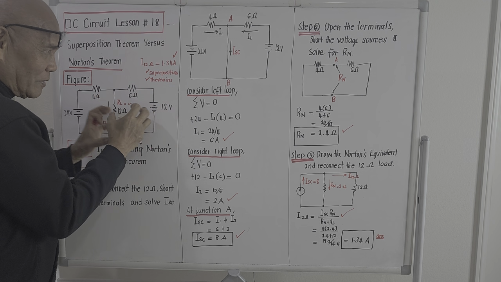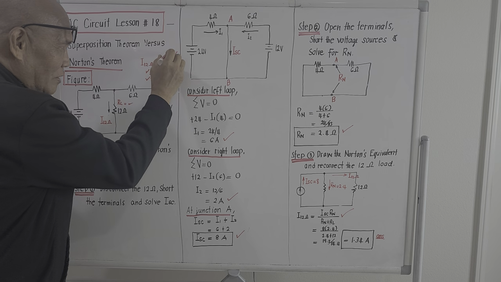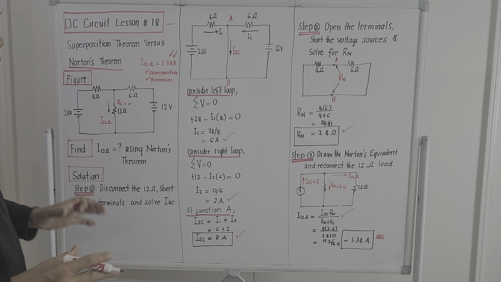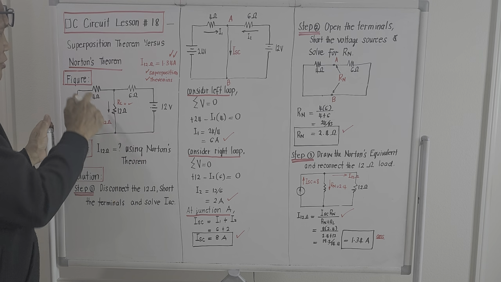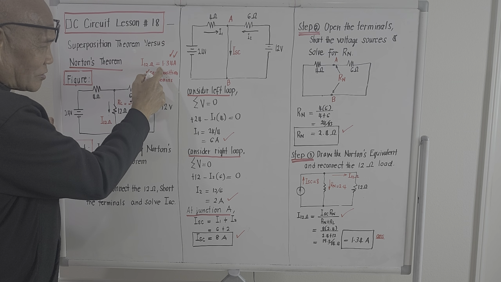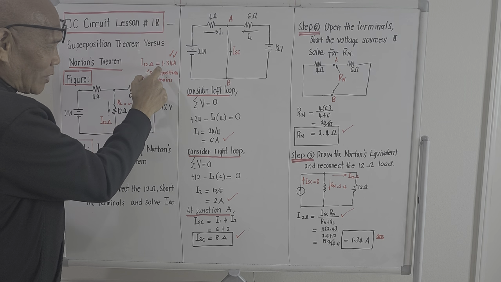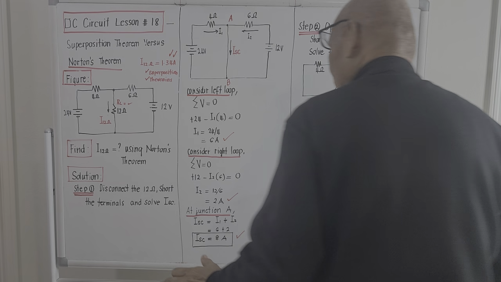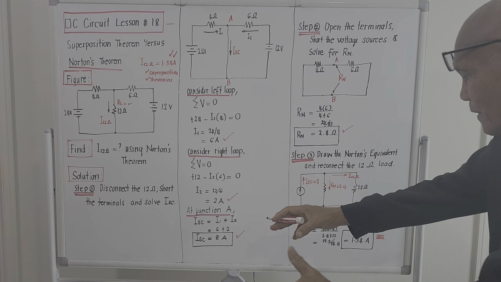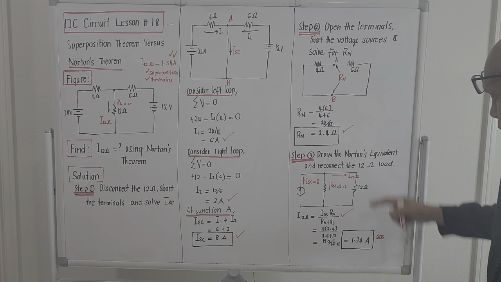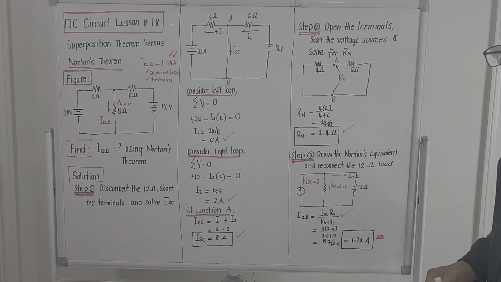Same problem, the current is still 1.34 amperes. So for tonight, we will be solving the same problem by using Norton's, and let us try to see if this current still will come out to be 1.34 amperes.